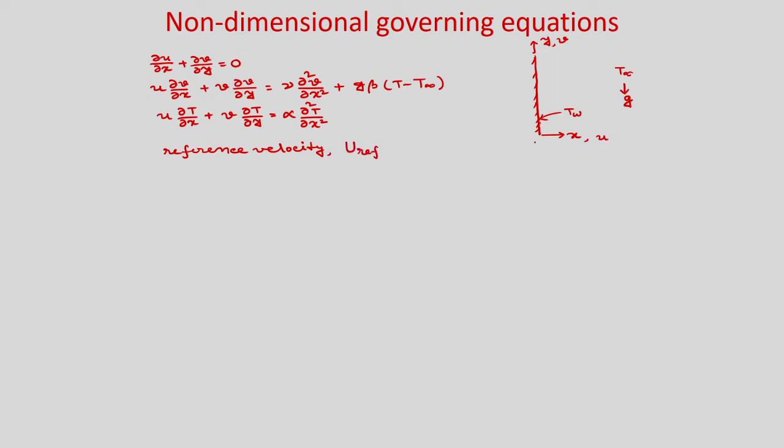We do not have any free stream velocity in this case, so we are choosing some reference velocity, that is u ref, and for reference length let us choose h, where h is the height of the plate, or you can choose any other reference length. Now, we will use these non dimensional parameters.